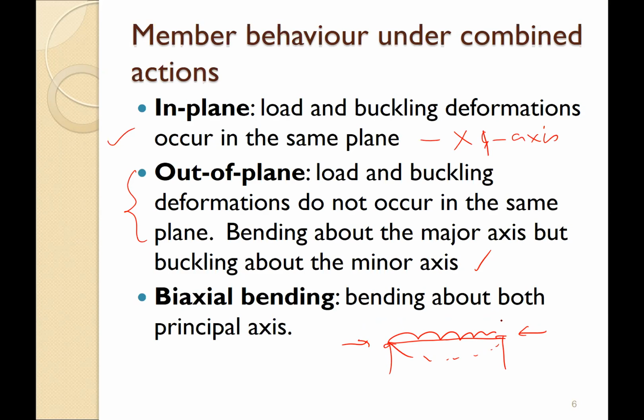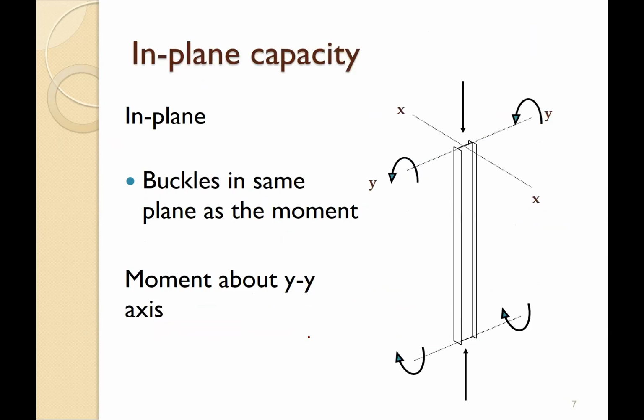And then we have the biaxial bending, where we have bending about both principal axes. That means you can have biaxial bending. Now some examples of those. This is an in-plane capacity example. It buckles in the same plane as the moment, which we have just talked about. So the moment is about the x axis, and it is bending about the x axis.